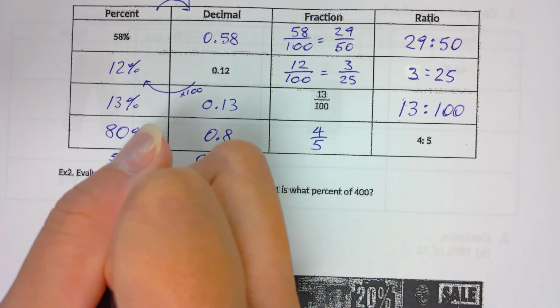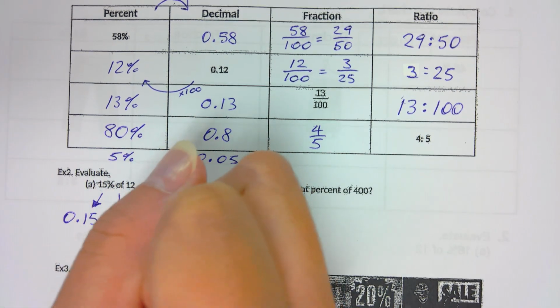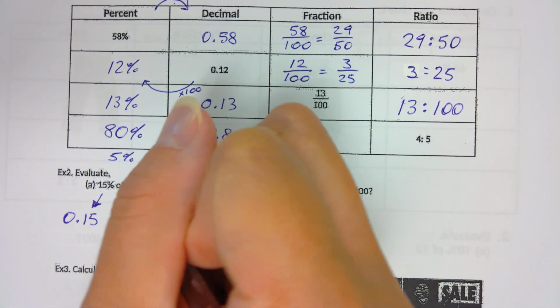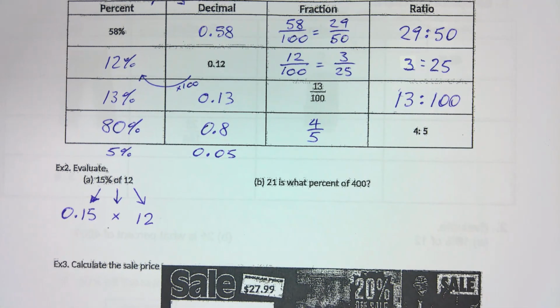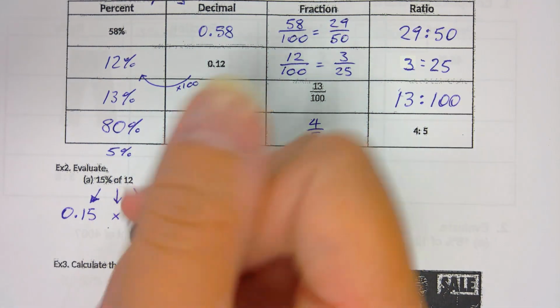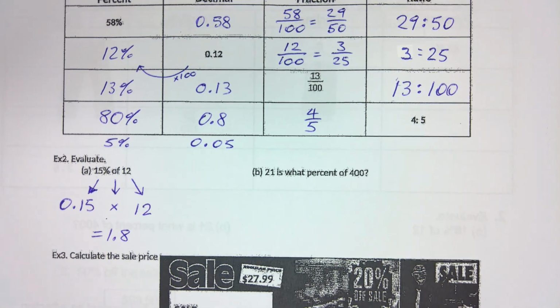Of means times. And 12 means 12. So 0.15 times 12, you get 1.8. And that's your answer.